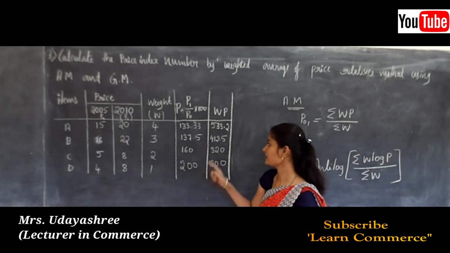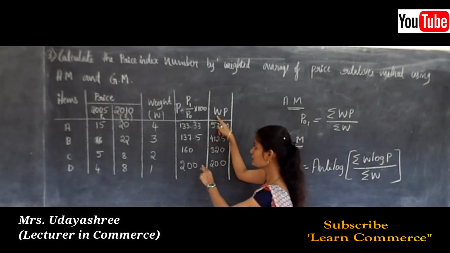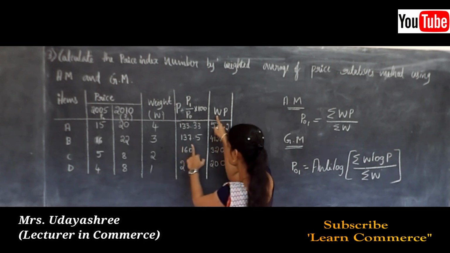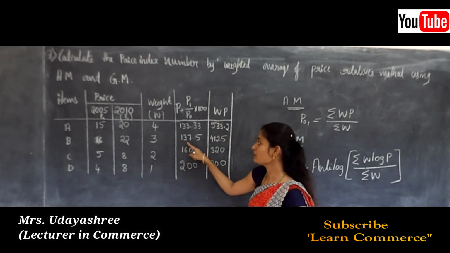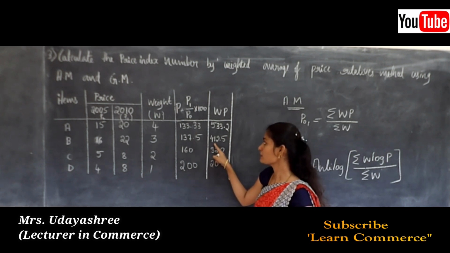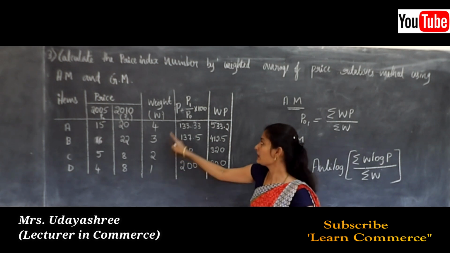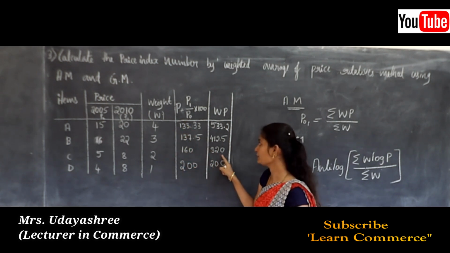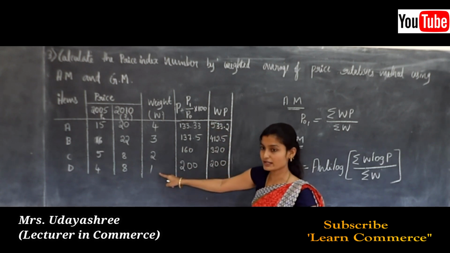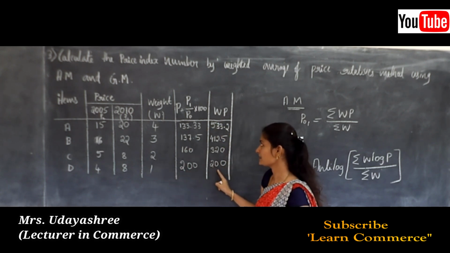Okay, similarly the remaining values are, here W is 3 into P is 137.5. So 3 into 137.5 is 412.5. Okay, next W is 2, P is 160. So 2 into 160 is 320. Okay, next W value is 1. 1 into 200, that is 200.